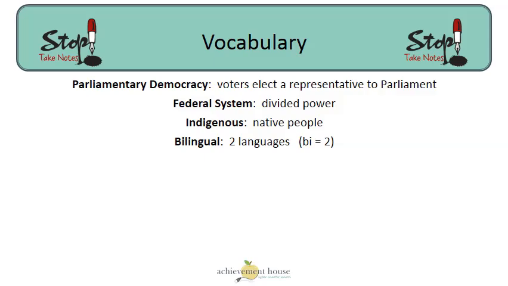Indigenous means native people. And bilingual means two languages. The prefix bi means two. Whenever you see a word that starts with bi, it usually means two. So bilingual means two languages. Jot these words down and look for more information on them as we go through the video.